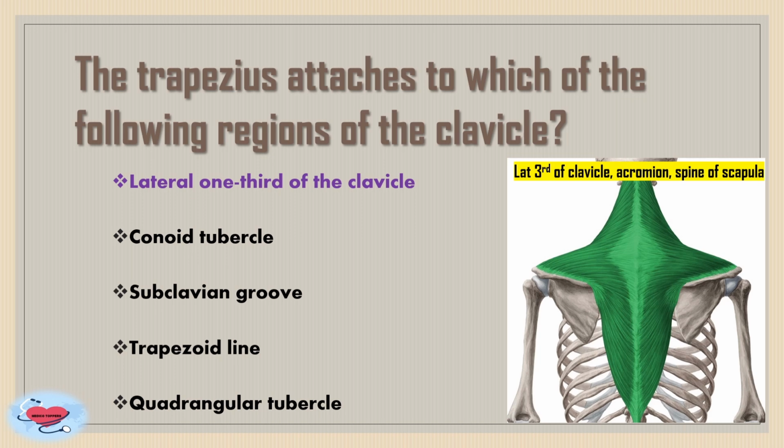We'll see the description. As you can see in this image, trapezius is attached with lateral third of clavicle, acromion and spine of scapula. But the trapezoid ligament attaches to the trapezoid line. So the answer is A.